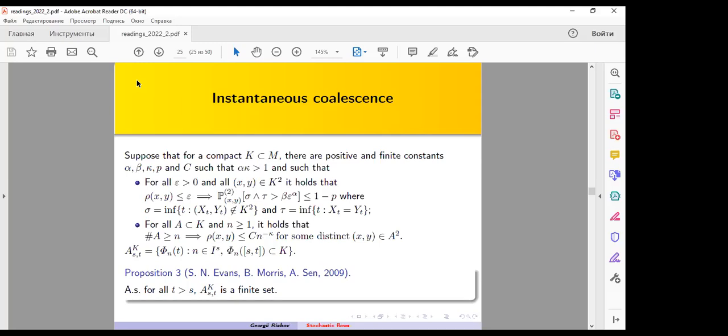And the second property is the property of the space. We assume that if a set contains at least n elements, then some of them are at distance at most proportional to n to the power minus kappa.